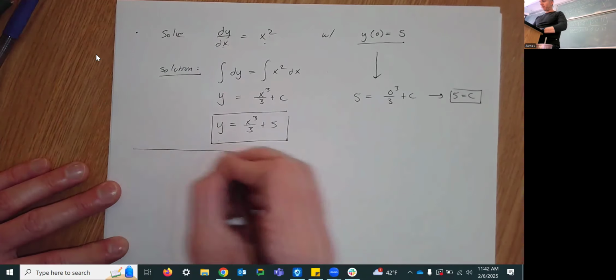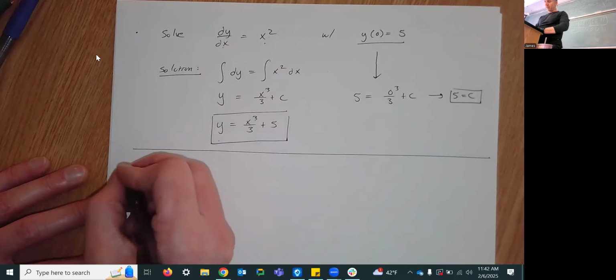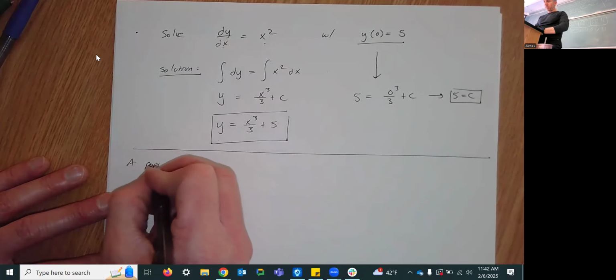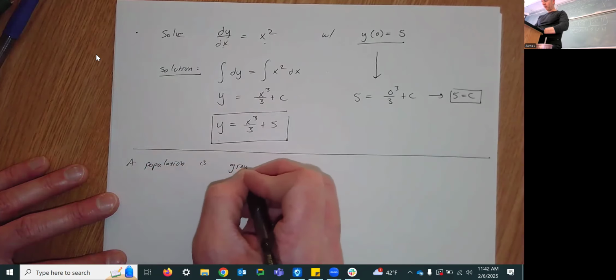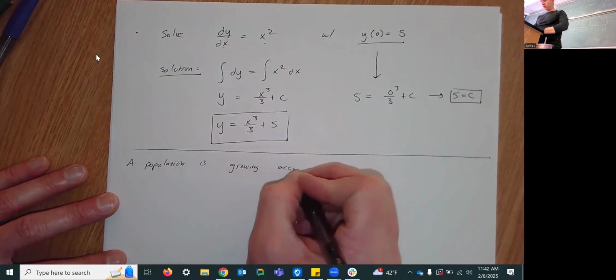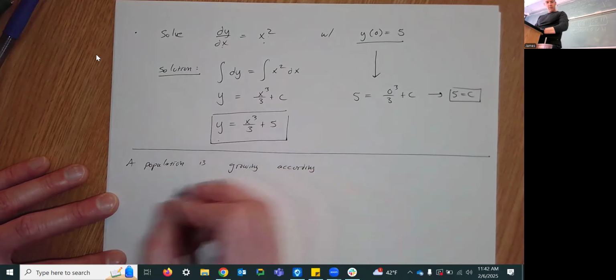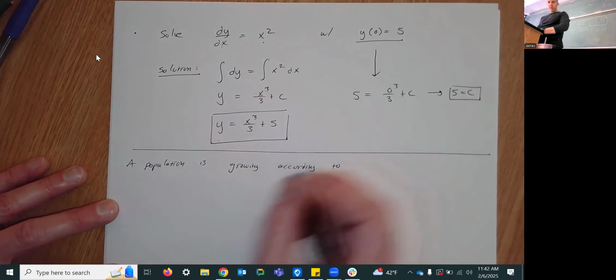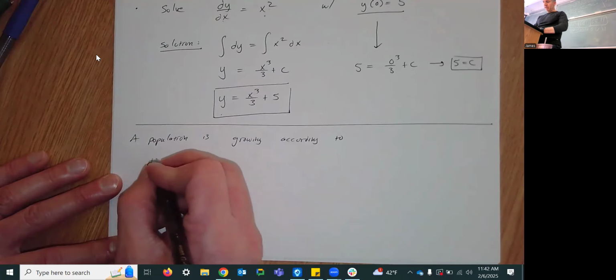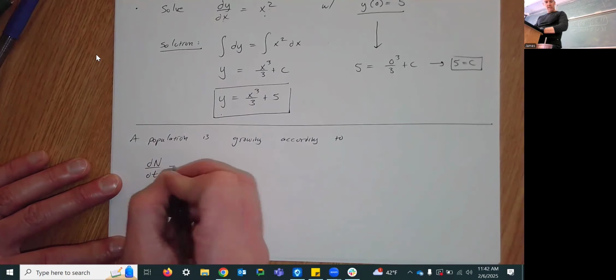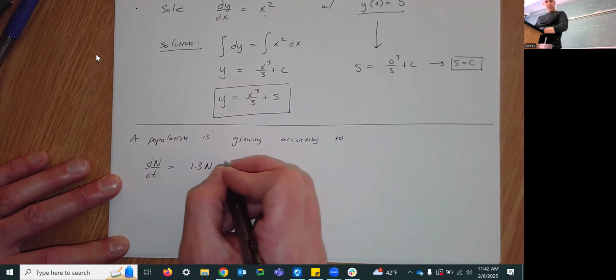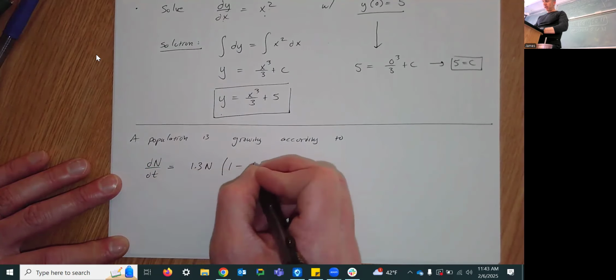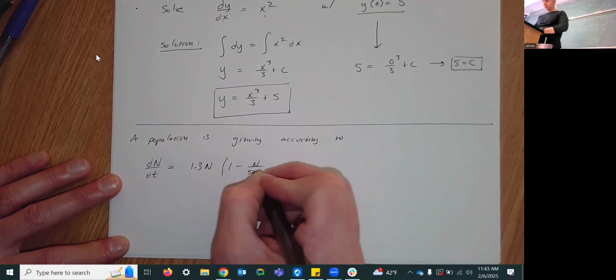For example, let's say that we have a population that is growing according to the differential equation dN/dt is equal to 1.3 times N times (1 minus N over 500).